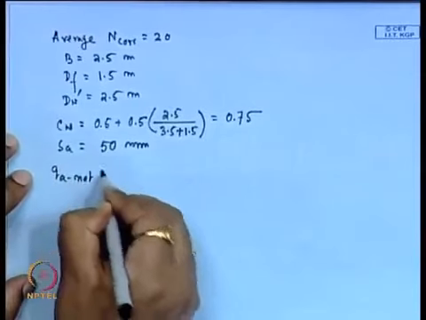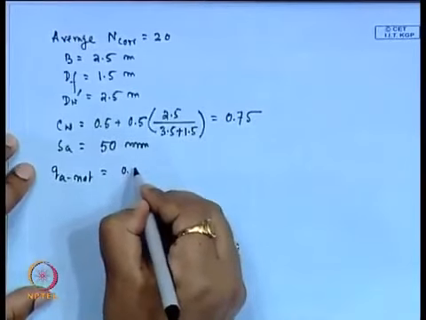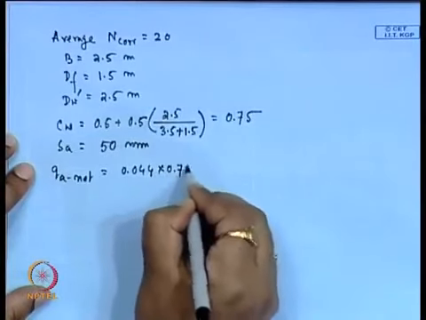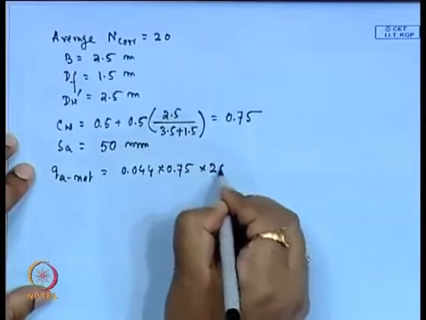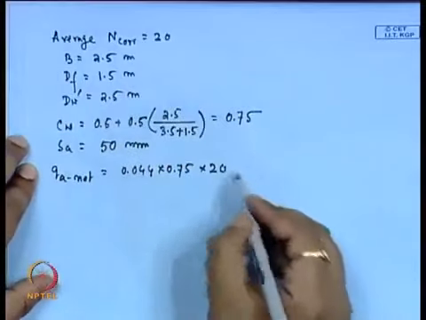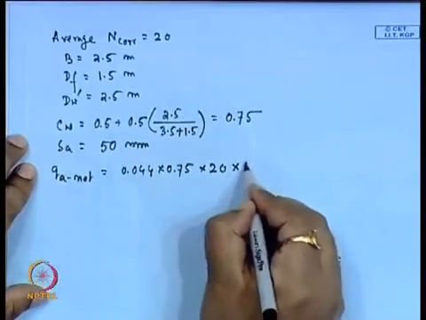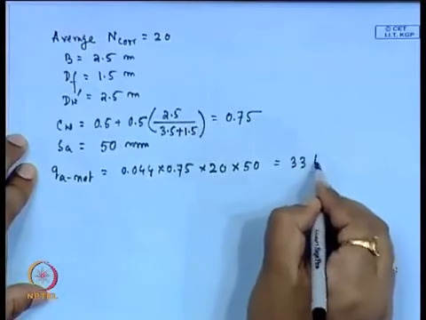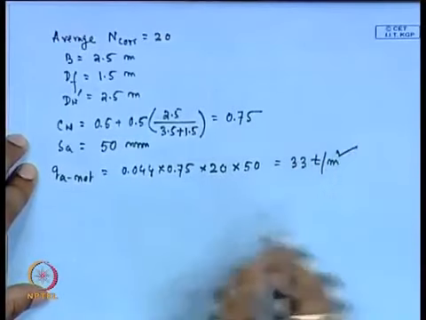By this expression, net allowable bearing capacity of the soil is 0.044 into 0.75 into 20, the average N value corrected, into 50, the permissible settlement. So, this is 33 ton per meter square.